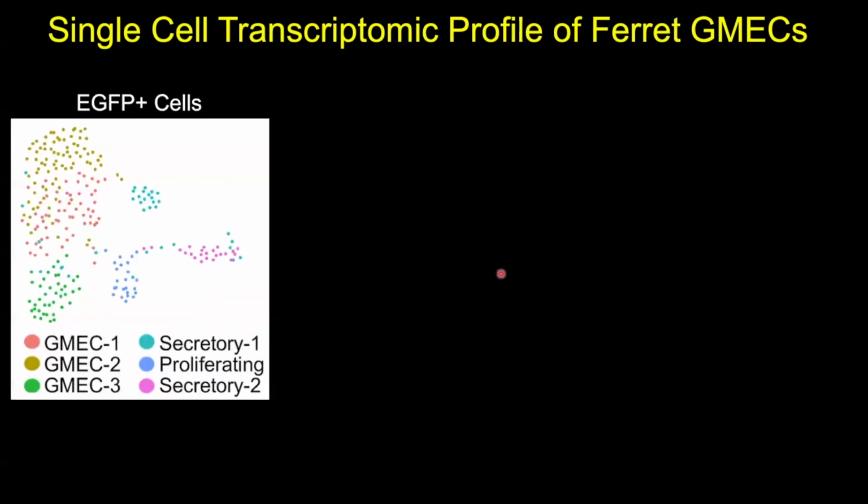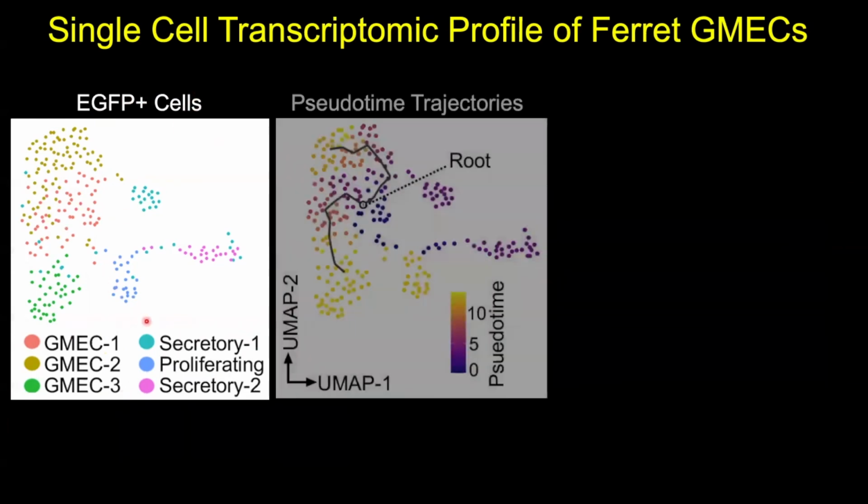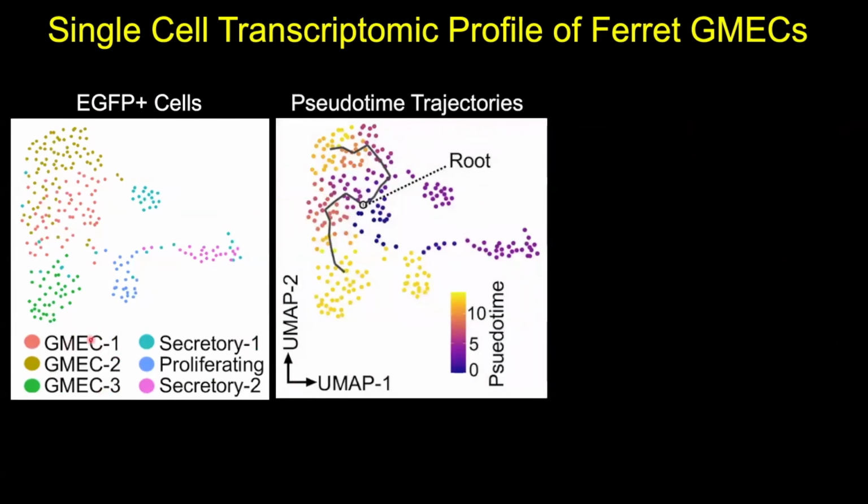And if one takes this data and projects it in pseudotime trajectory plots, here just plotting the PC plots for EGFP positive cells alone, one sees that there are 3 different classes of myoepithelial cells.